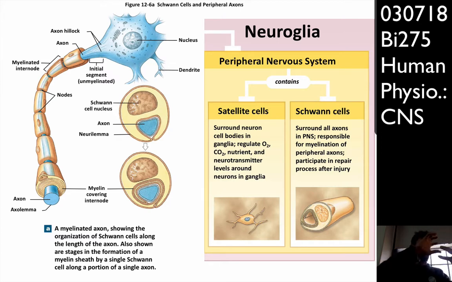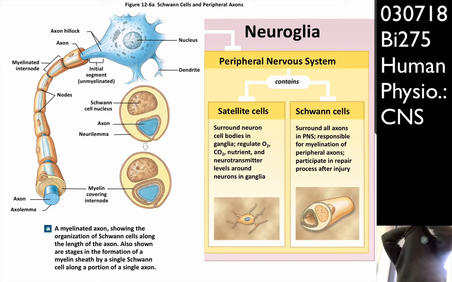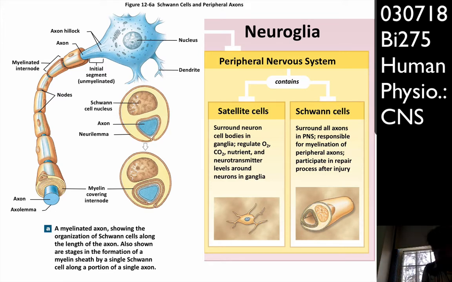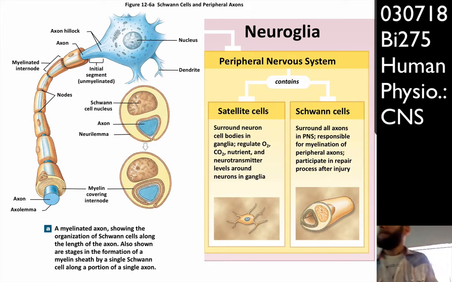Ganglia are clusters of cell bodies that exist in the peripheral nervous system someplace, usually around some part of the autonomic nervous system. They're going to help to regulate the chemical environment in those ganglia. So oxygen, nutrients, waste, they help turn over neurotransmitters that may be accumulating in the ganglia.